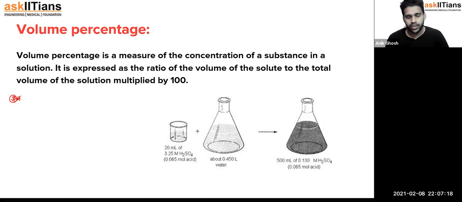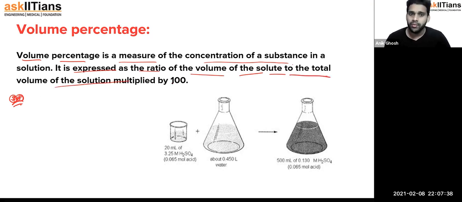Now what is volume percentage? The same thing is going to be here. Volume percentage is the measure of concentration of a substance in a solution. It is expressed as the ratio of volume of the solute to the total volume of the solution multiplied by 100. In mass percentage, it was the mass of solute by the total mass of the solution into 100.